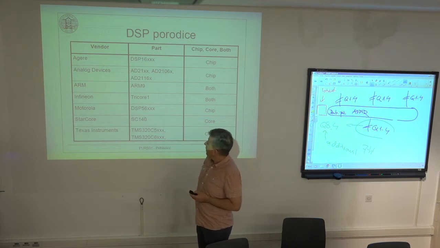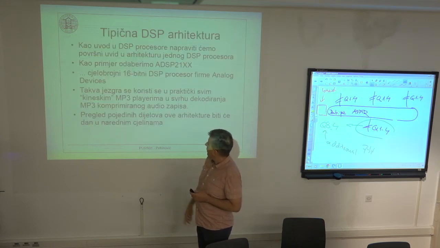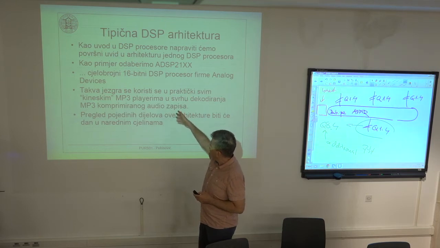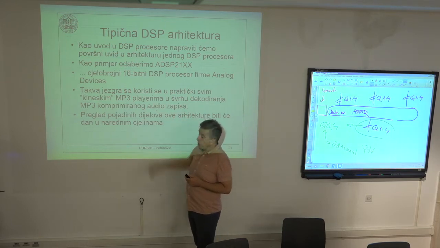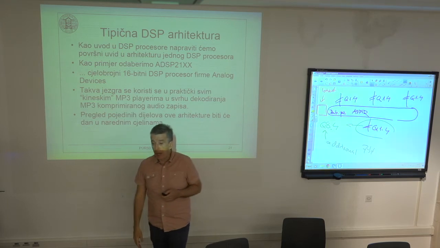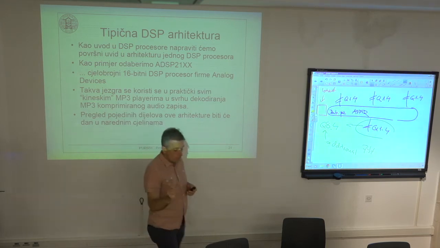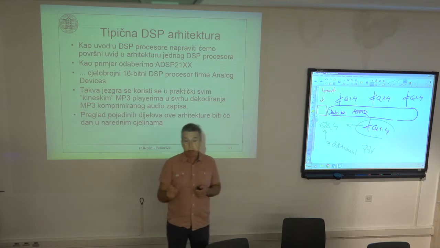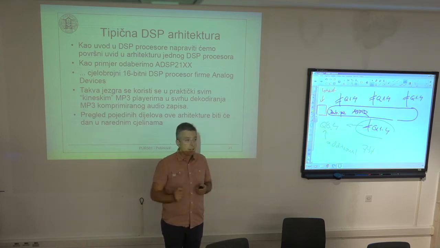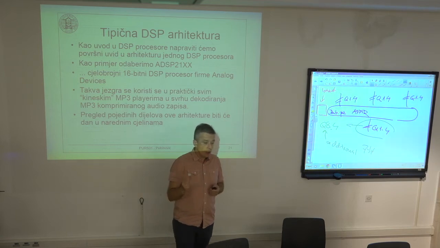This 16-bit DSP is used, for example, in the low-cost MP3 players that you could buy for maybe $10 as a USB stick. So maybe 10 years ago, you would buy an MP3 player that looked like a USB stick.